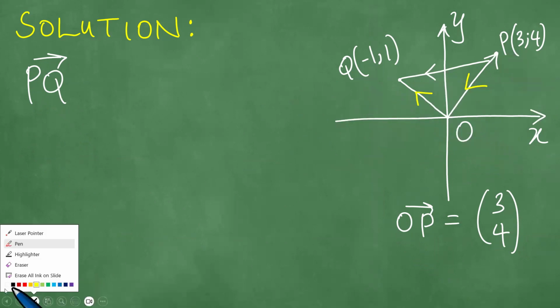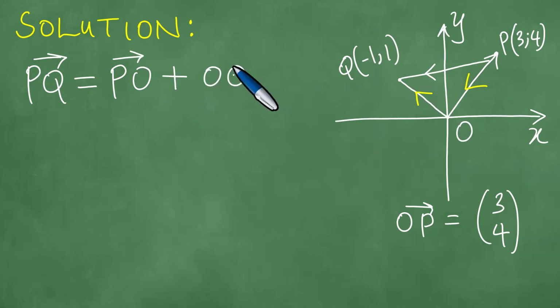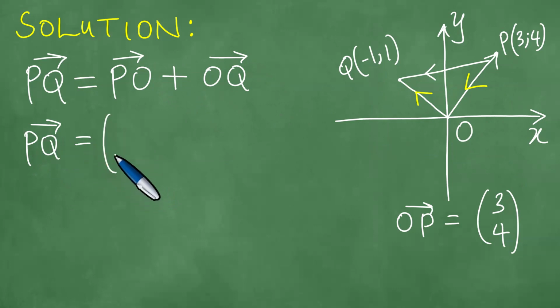So to find the vector PQ, we can deal with the vector PO like this, and we add to it the vector OQ, and we add them up as shown there. So the vector PQ is the same as PO plus OQ.